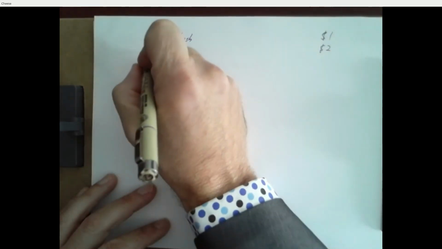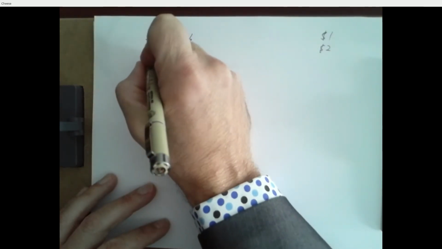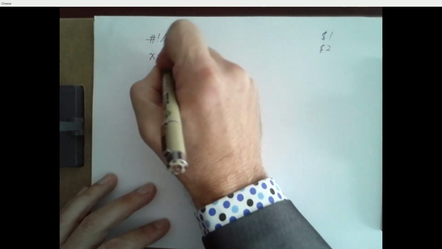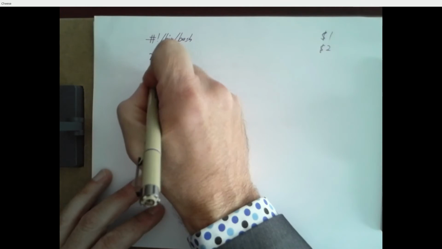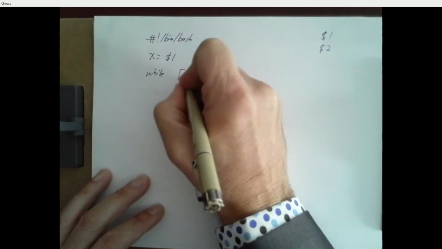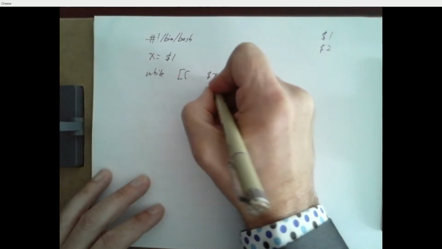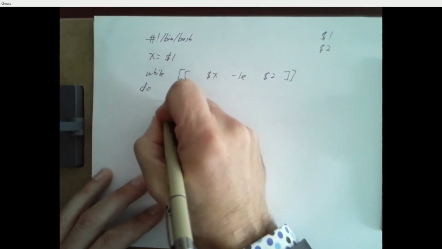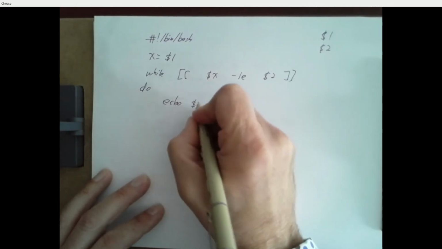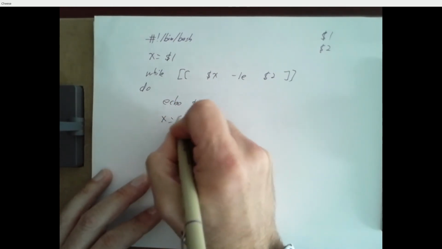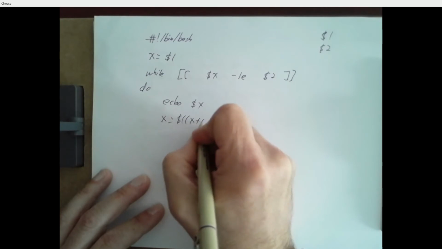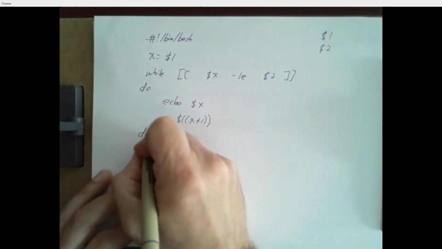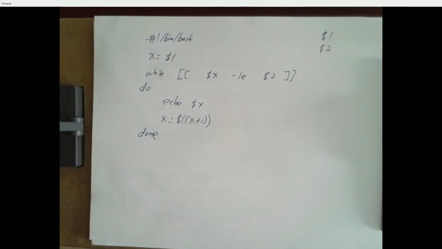So we could do something like x equals $1, while $x less than or equal to $2, do echo $x, x equals $x plus 1. Done. There's your loop.